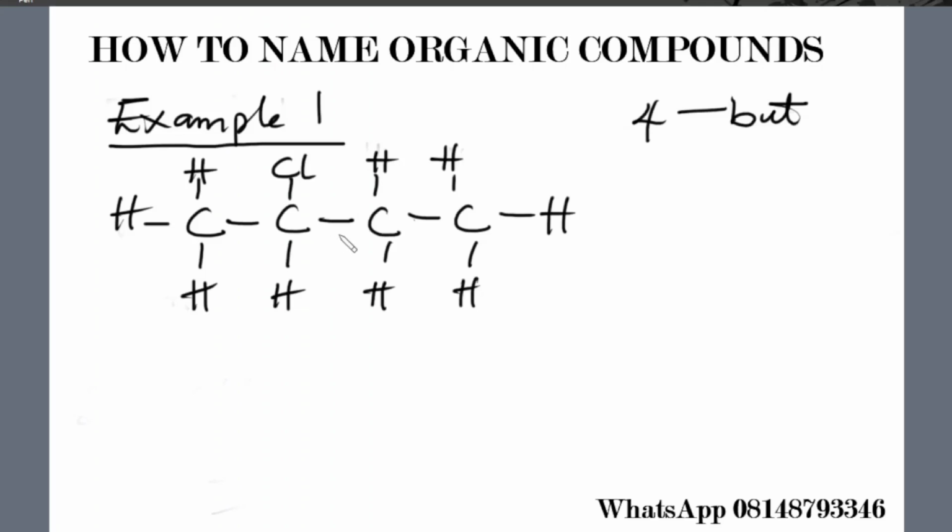And then the next thing to be done is to identify the functional group of this compound. Now, if you look at the compound, we only have single bonds here. There are no double bonds and there are no triple bonds and there are no OH. So, since it is a single bond, what is it called?